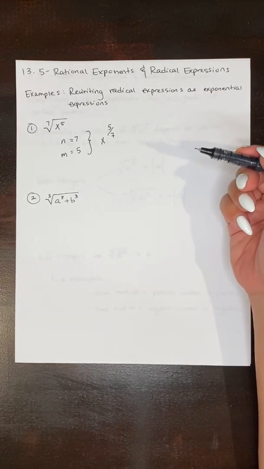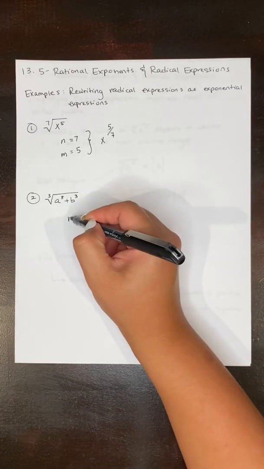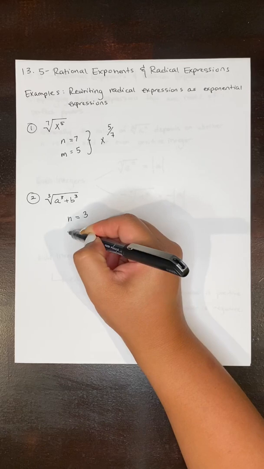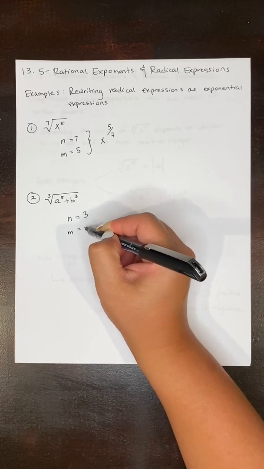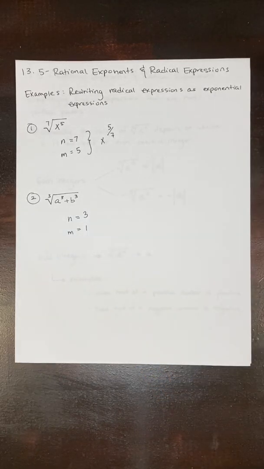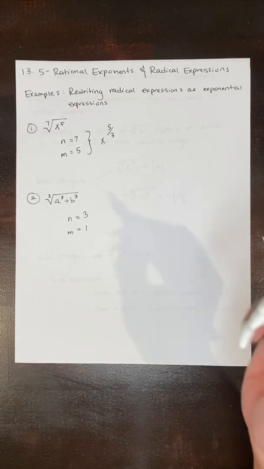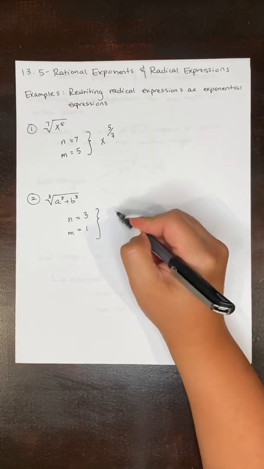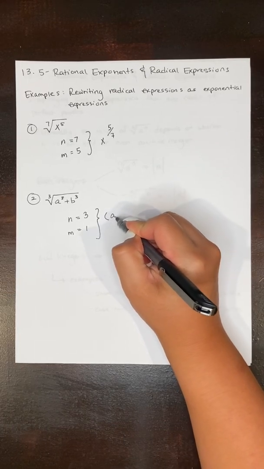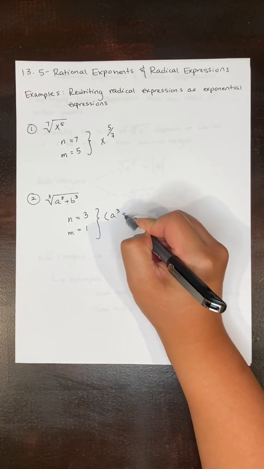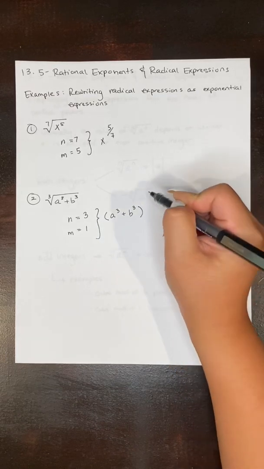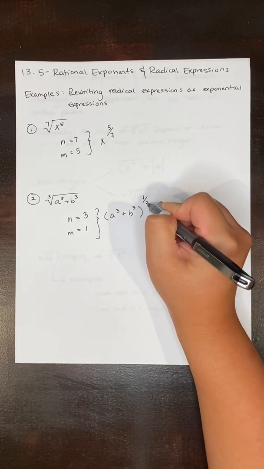To rewrite our expression here, n is equal to 3 and m is equal to 1. Now we have a cubed plus b cubed to the 1/3 power.